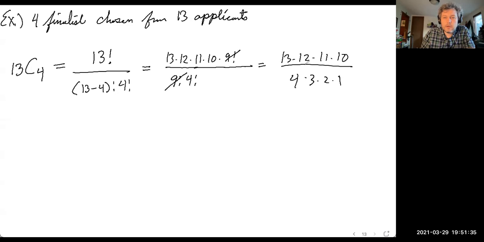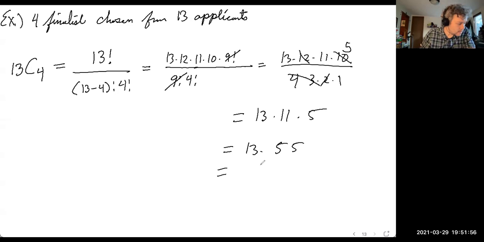Well, 4 times 3 makes 12, so I can just cancel it in that way. That's pretty nice. And then this 2 I can reduce with the 10, and that makes 5. So now I have 13 times 11 times 5. That's going to be 13 times 55. And what is that? I should know that. 715.